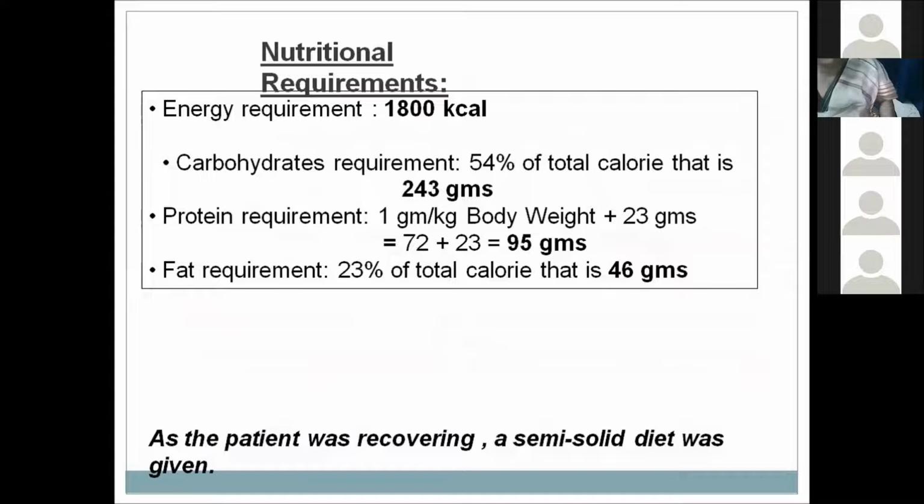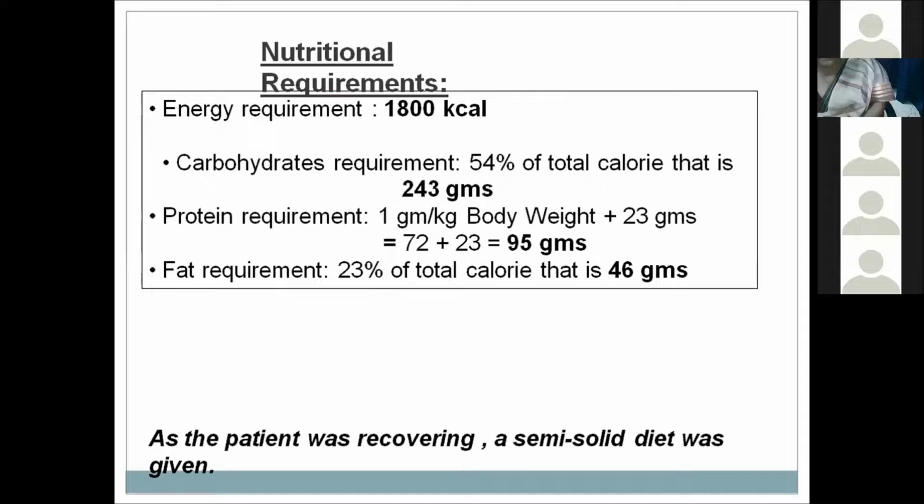So the nutritional requirement for a COVID patient: first thing is feed the patient. The patient is not that serious in this case and can have food. So in this case, or even for tube feeding, the first word is feed the patient.